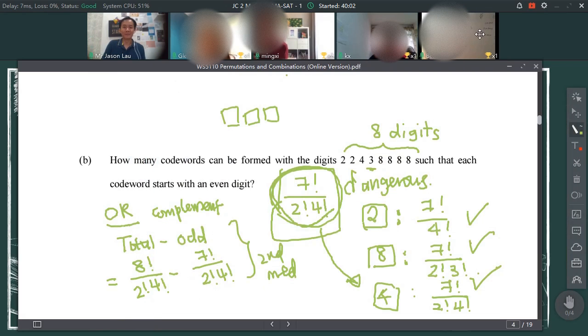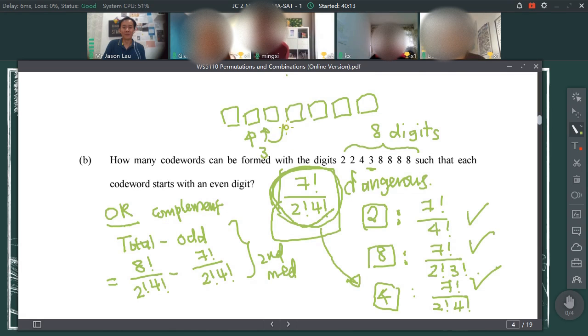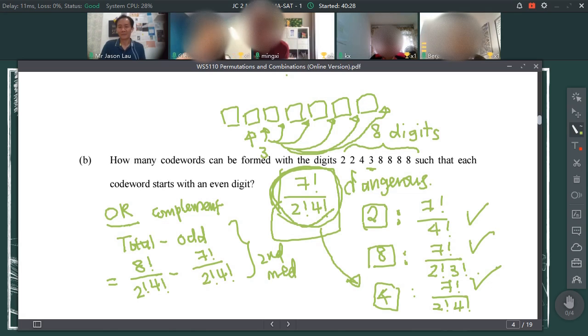How do you do the swapping? Is it 7 choose 3? No, 7 choose 1. So it's 7 factorial over 2 factorial 4 factorial times 7 choose 1. So you have to multiply another 7.